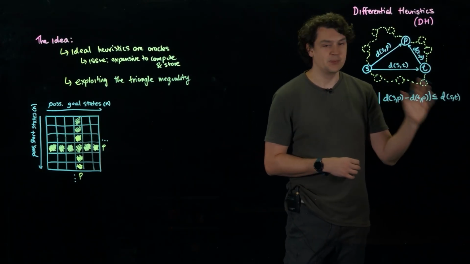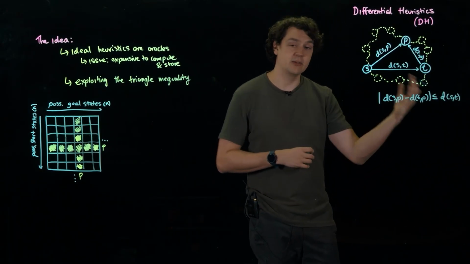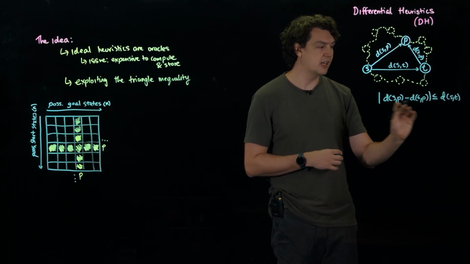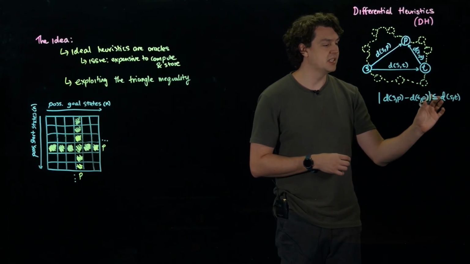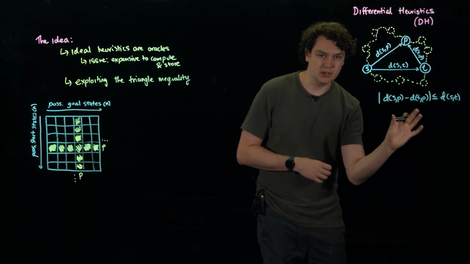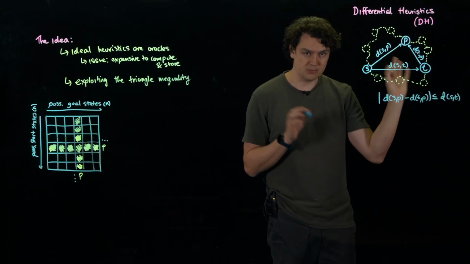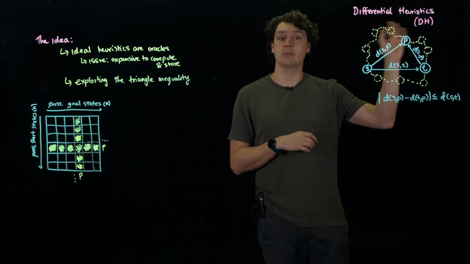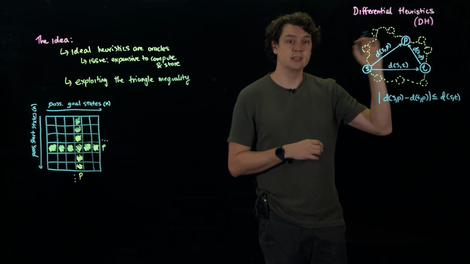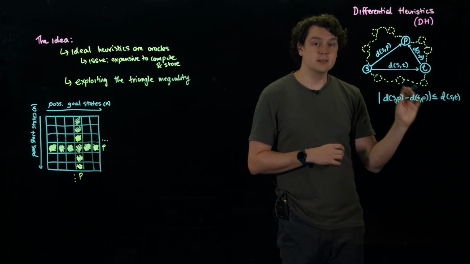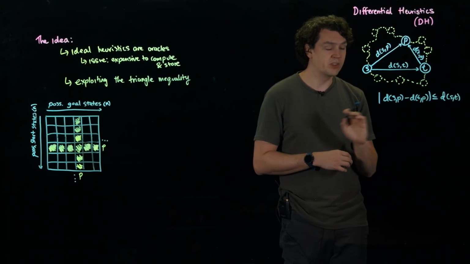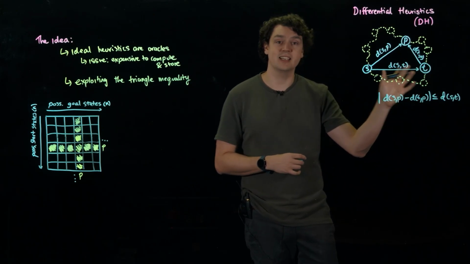So we have some function in terms of the distance from the start and the target to some generic pivot P, and this must be less than or equal to the actual distance from the start to target.